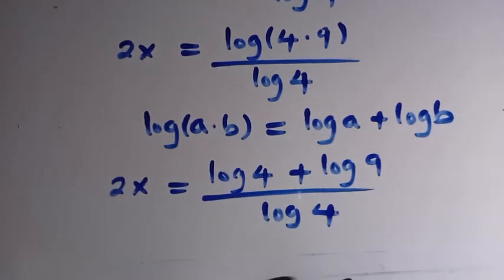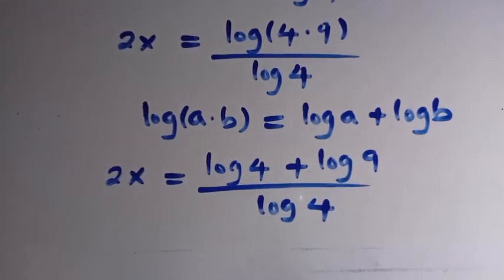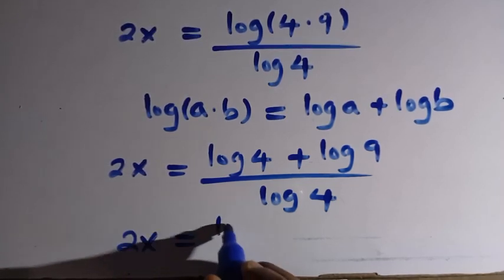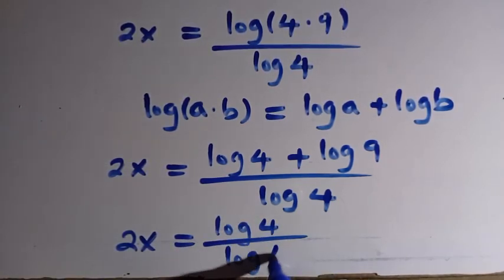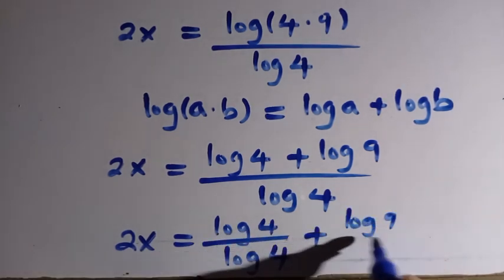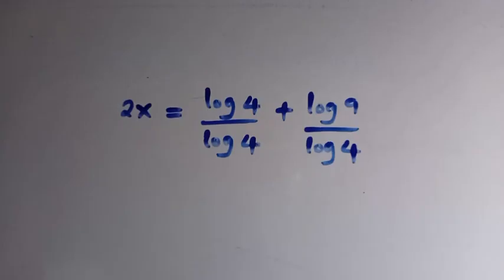When we separate this with the log of base 4, what we have here becomes 2x equals log 4 divided by log 4, plus log 9 divided by log 4. Having this expression, we proceed.